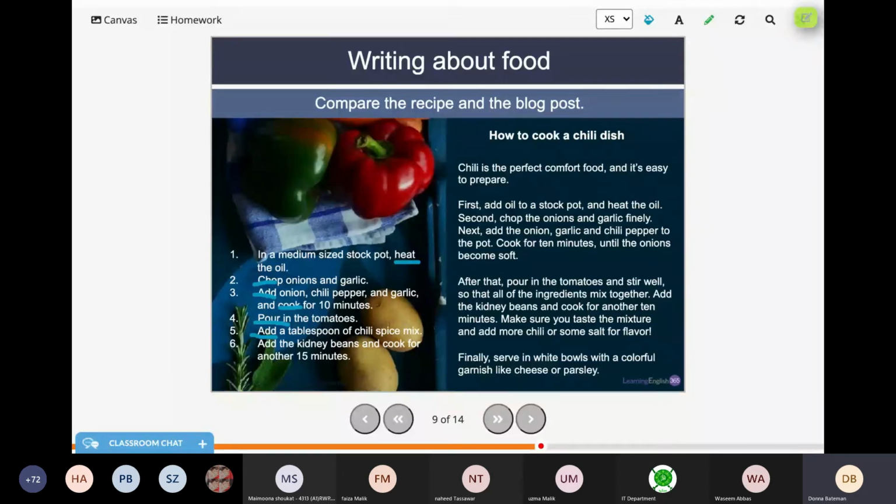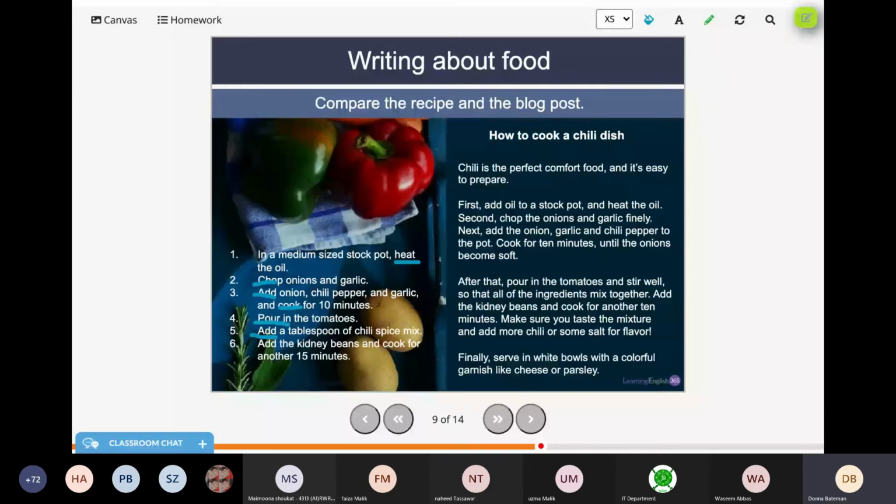Does it need more salt? And then it also tells us how to serve it, how we can eat it, and add cheese or parsley, another green herb, to make it look pretty and to give it more flavour. So we've got some useful words in both of them about how to explain how to make a dish.